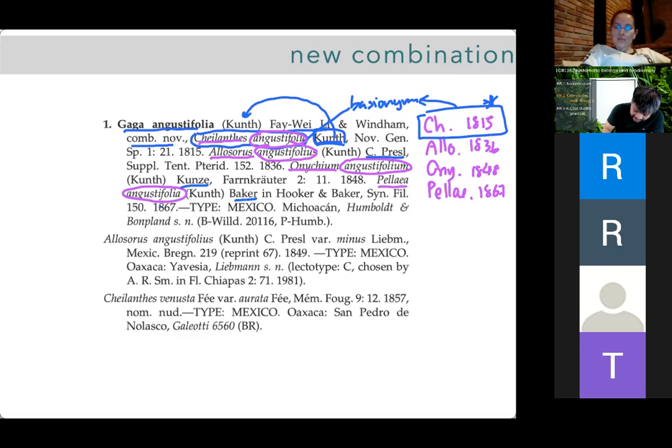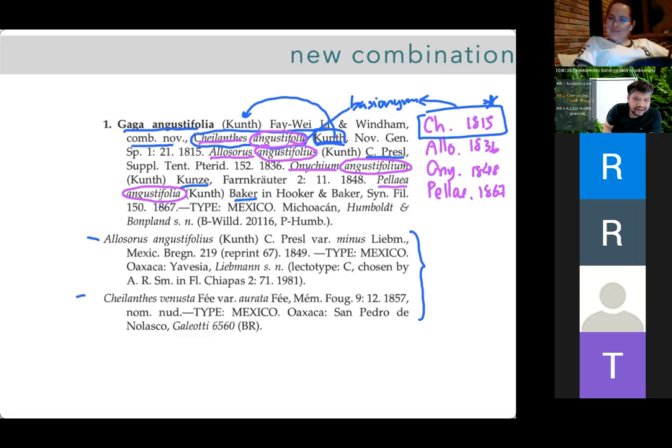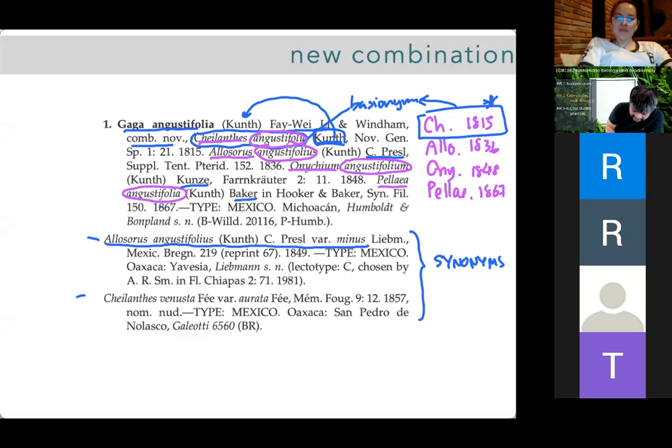And also there's two more names down here with no reason. Like, what is this? So this one is synonyms. The authors, Fairway and Winham, looked at the specimen and decided that this species, Allosaurus angustifolia variation minus, is the same thing as this.